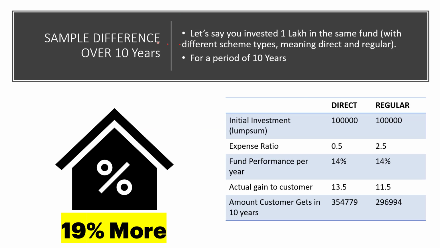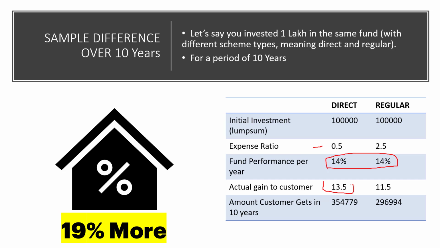Now the difference. For example, if you have invested 1 lakh rupees in a regular or a direct fund with this kind of expense ratio, and the fund performs 14%, both funds are the same, so they will both accrue 14% for the customer every year. But the actual gain to the customer would be more.